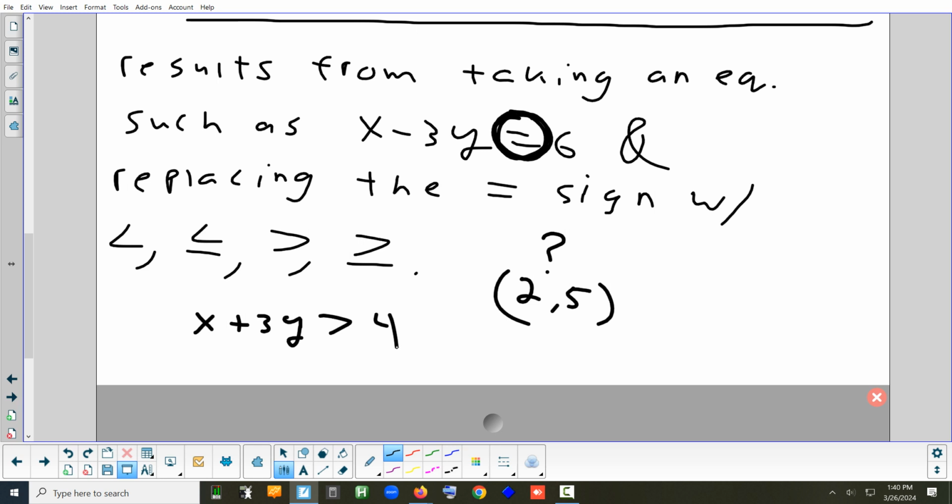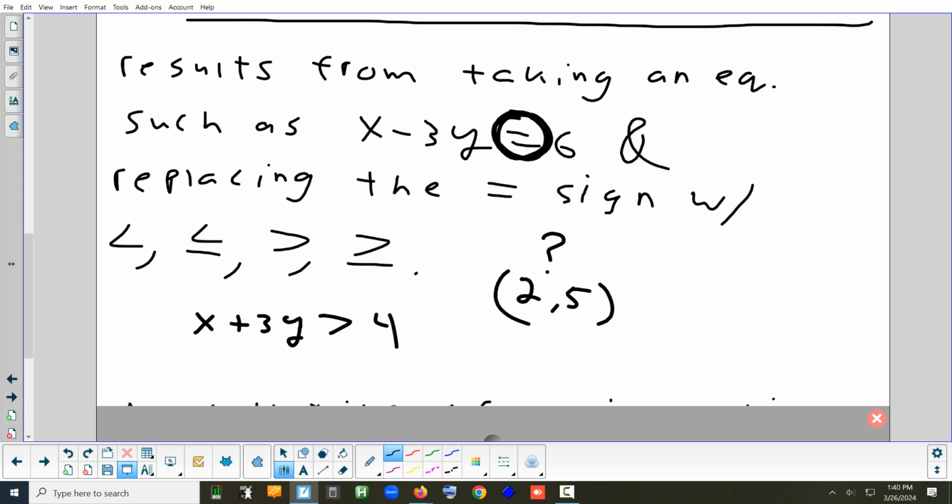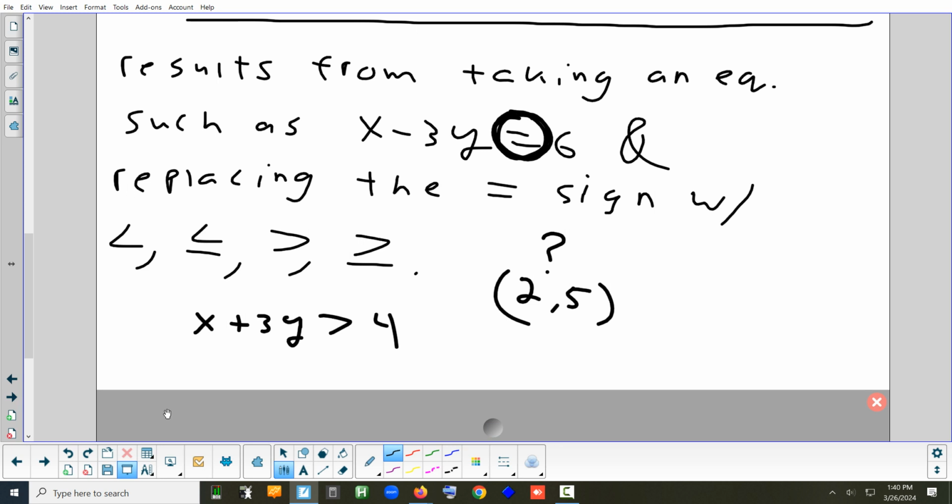You would plug in the numbers. What number would I plug in for X? 2. And what number for Y? 5, multiplied by 3 would be 15. So you'd have 2 + 3 times 5 is greater than 4. What's 3 times 5? 15.